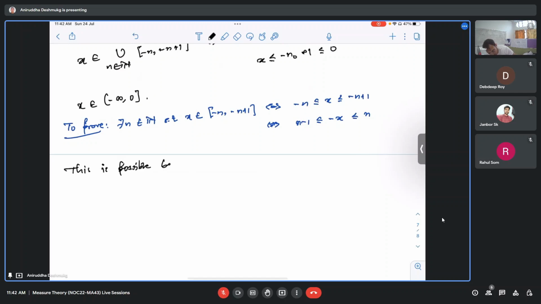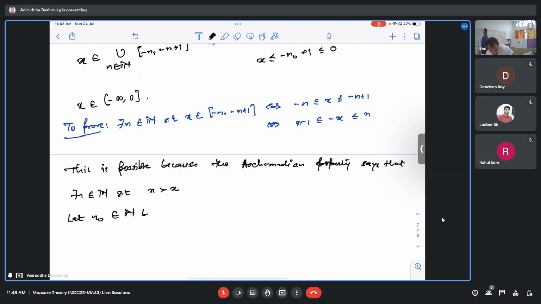This is possible because the Archimedean property says that there exists some n such that n is strictly bigger than minus x, and therefore we can find the minimum such n. So let n naught be the minimum such n such that n is bigger than minus x.